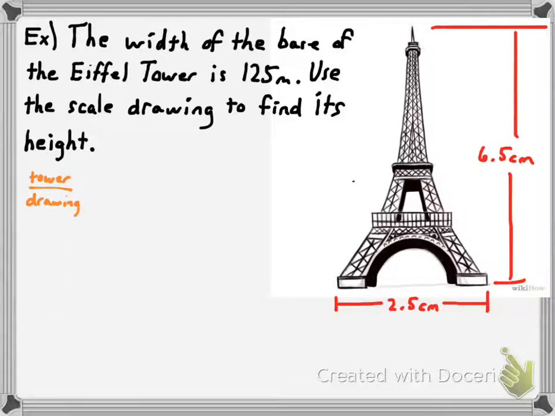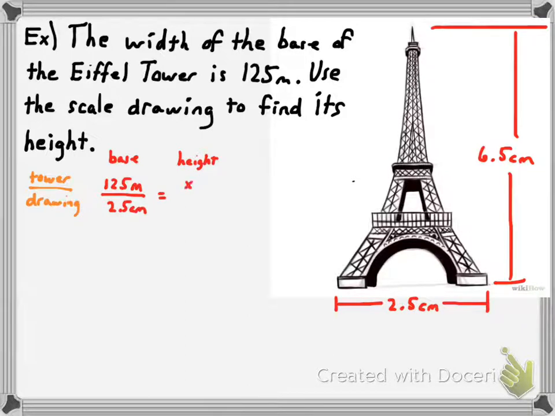Proportions are going to be used to do this, and this is very simple. If there's 125 meters for the base of the actual tower, and I compare that with 2.5 centimeters, this is the ratio of the bases. Then I ought to be able to make a ratio between the height of the actual tower and the model, and those two should be proportional to one another.